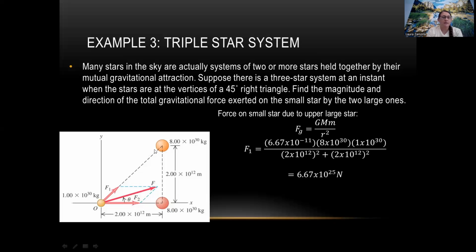Now, we weren't given that distance between these two stars, but since this is a right triangle, we can use the Pythagorean theorem to find it. Remember, the Pythagorean theorem tells us that a squared, this side of the triangle squared, plus b squared, this side of the triangle squared, equals c squared, that hypotenuse squared.